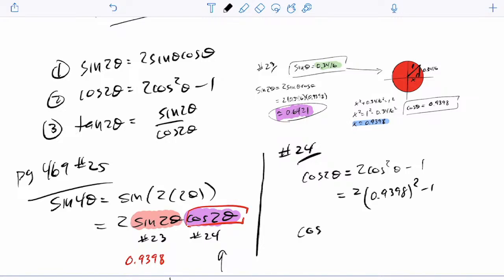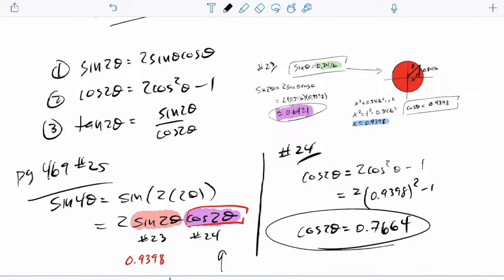So therefore the cos of 2 theta here is going to be 0.9398 squared doubled and then subtracted by 1. I get 0.7664. So that's how you find this. This is from the Algebra and Trig book, page 469.